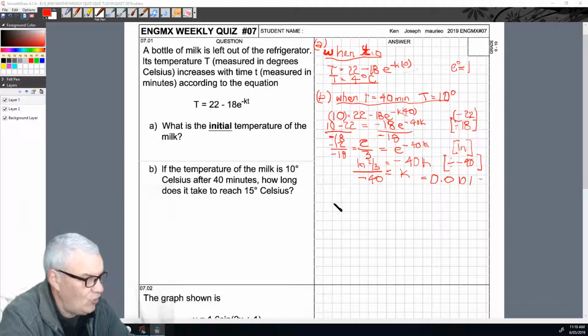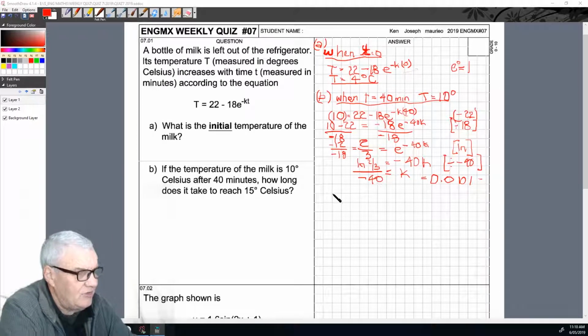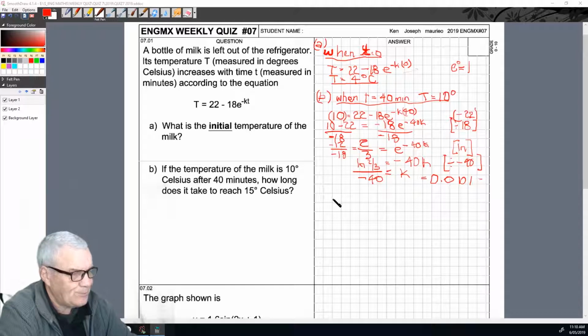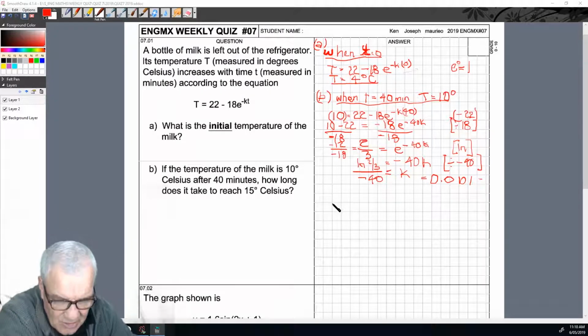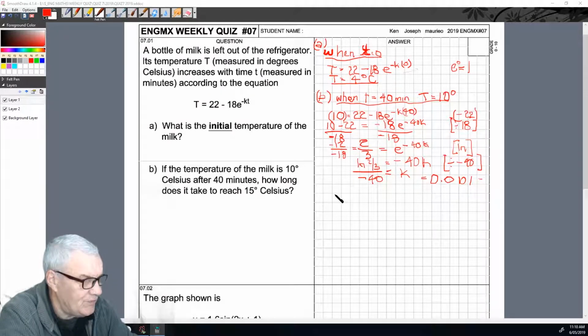So we want to know when the temperature, that's the big T, will be equal to 15.